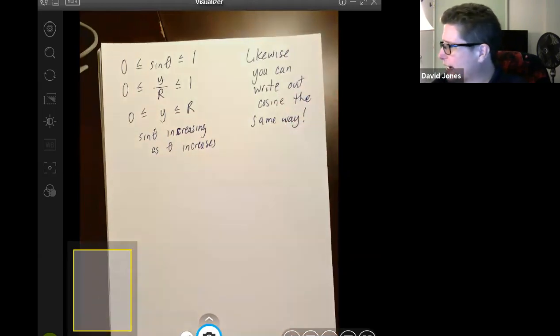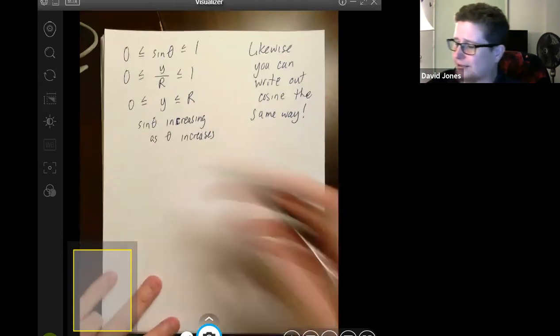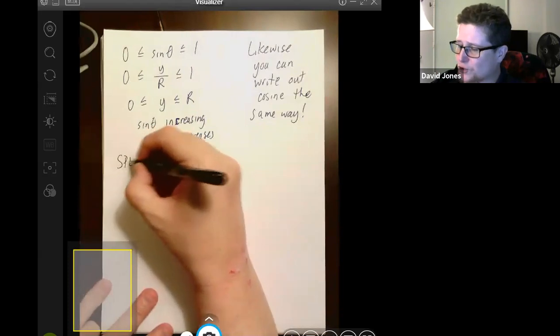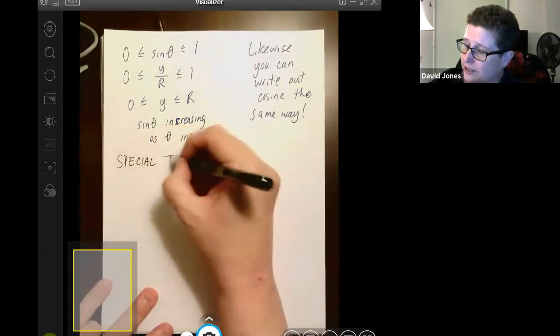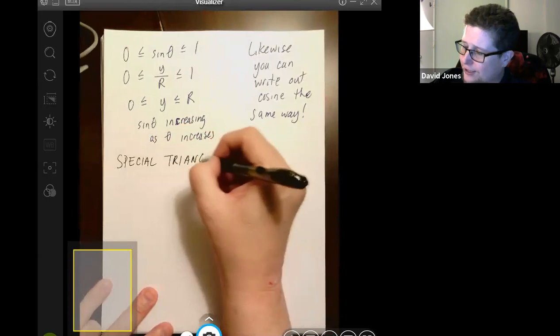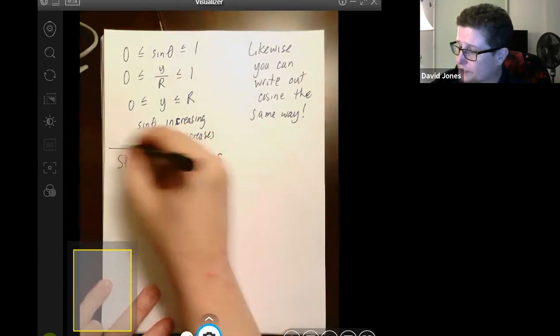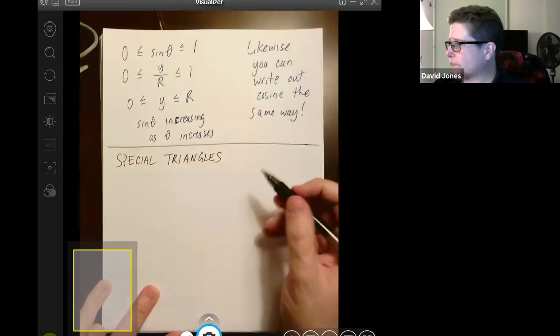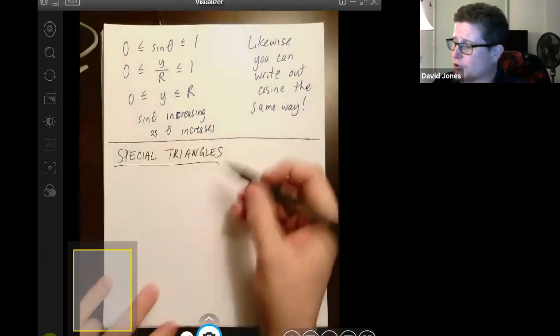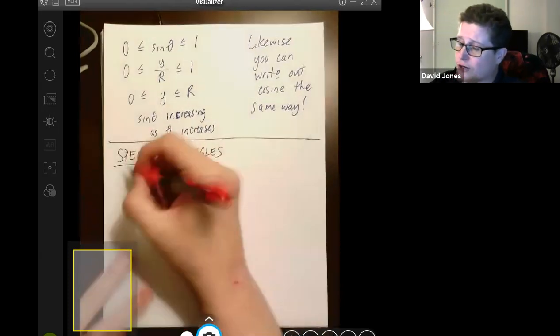Let's take a look at our next section. Pause it for a second if you need to finish writing that. Our next section is on special triangles. So we're going to dump the right triangles. Our first special triangle we're going to look at is the equilateral triangle.